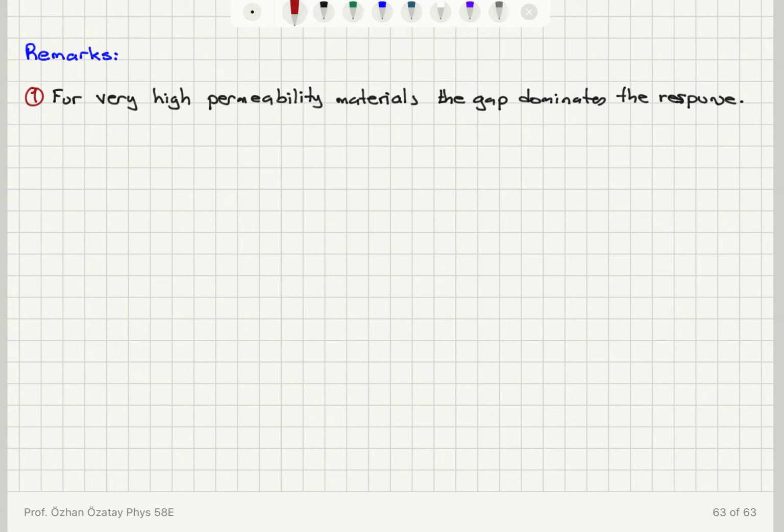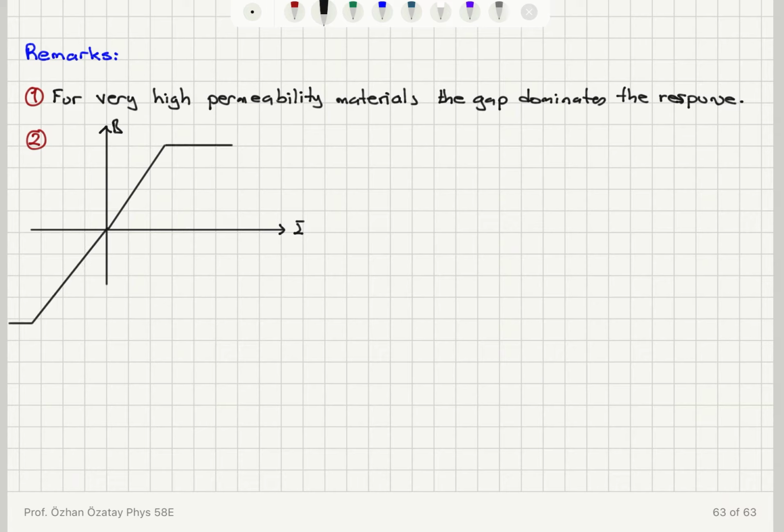If you look at the B versus I curve for a magnetic circuit, if we have no gap, we're going to have this type of behavior, and if we have a gap, we're going to have this type of behavior.